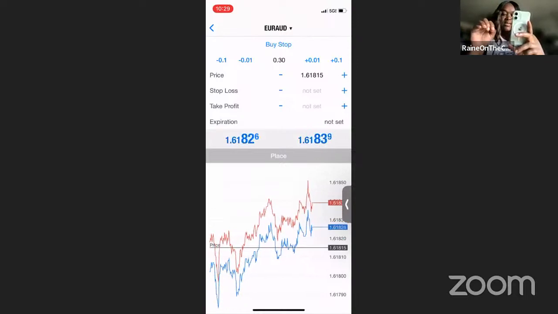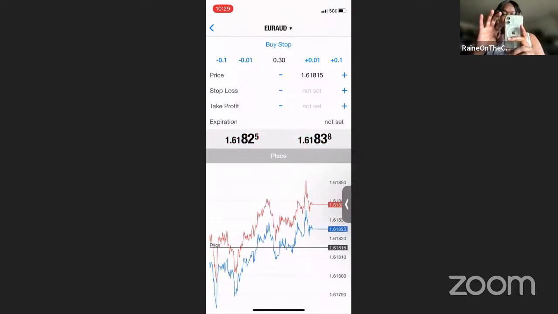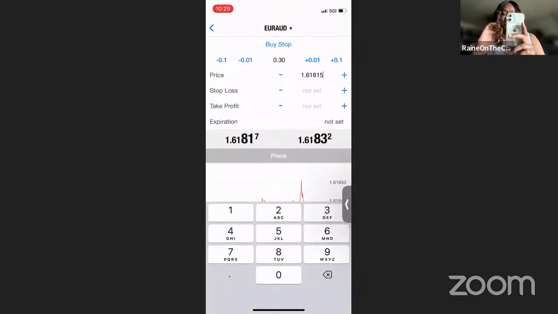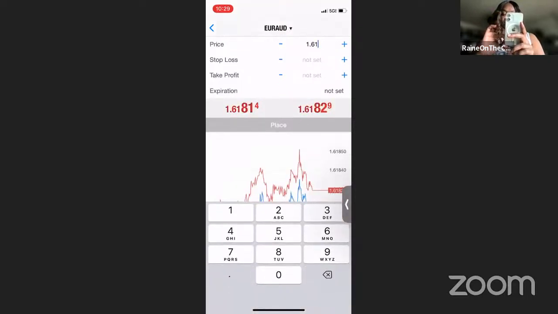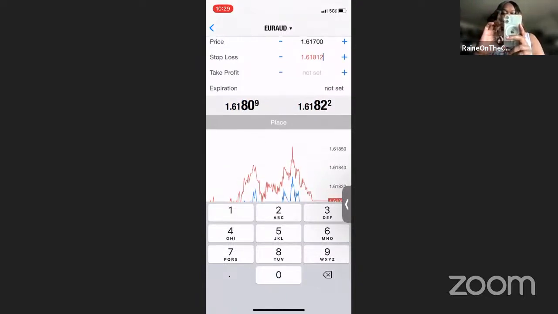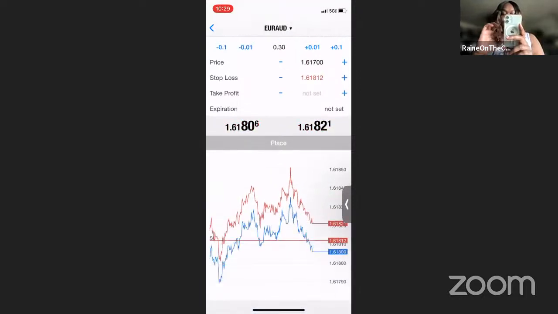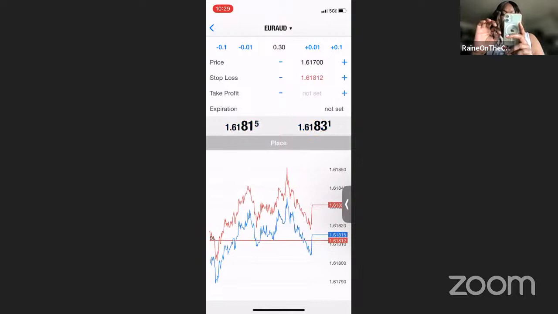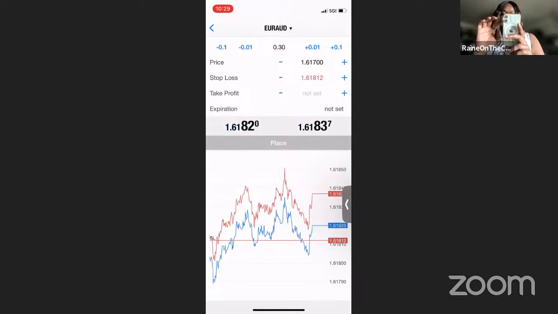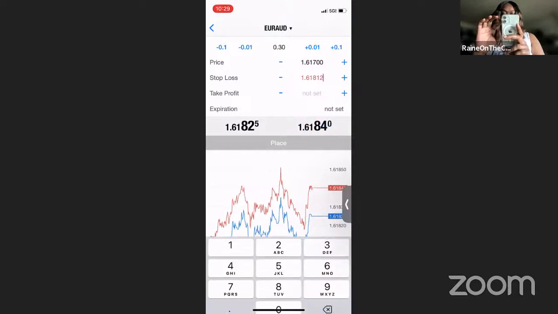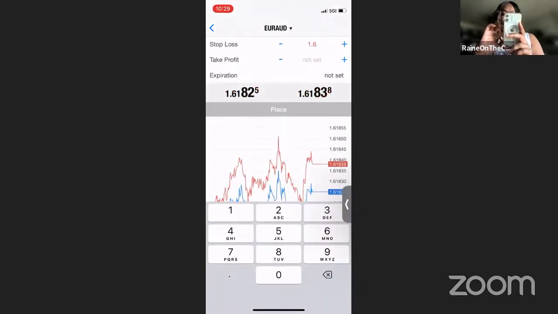So let's say 61,790. All right. That's 61,700. Stop loss will need to be above. So 61,850. No, that's too close. Let's do 62.